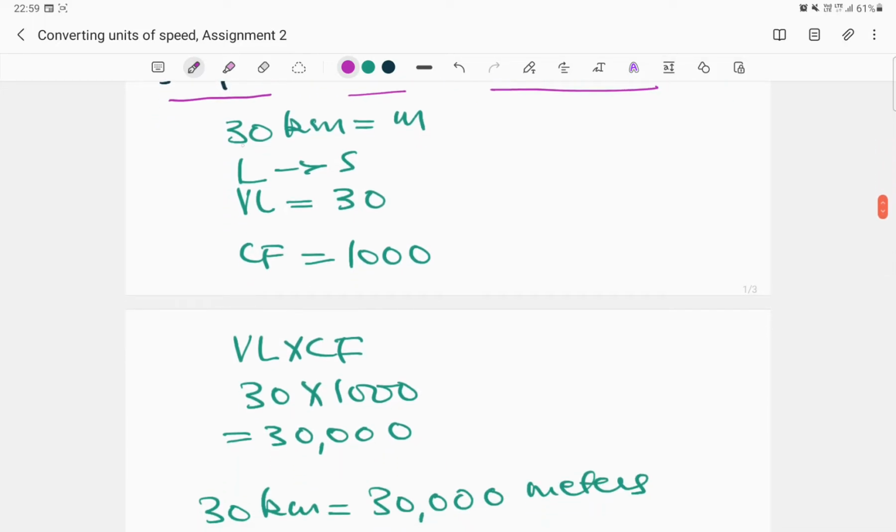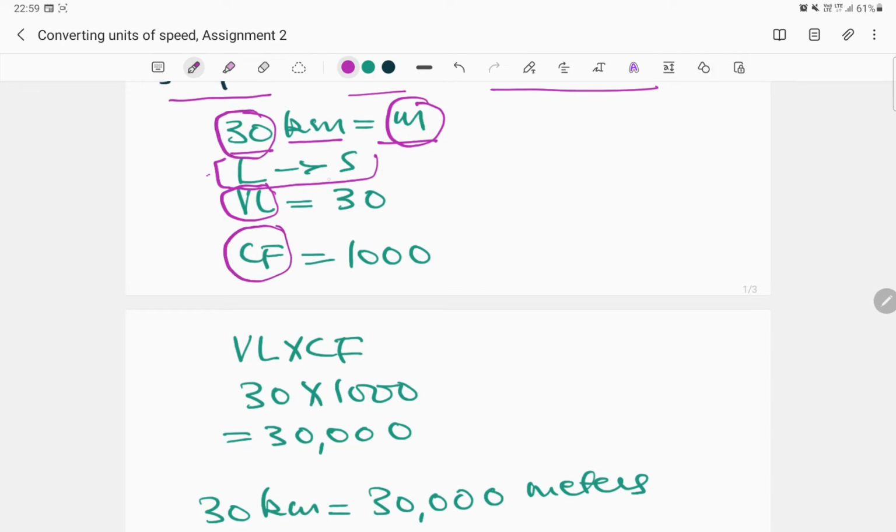Here we have 30 kilometers to meters, and we've done this process before. We've learned how to convert before. We are converting a larger unit, kilometers, into a smaller unit, which is a meter. The value of the large unit is 30, and the conversion factor, how many meters are found in 1 kilometer, is 1000.